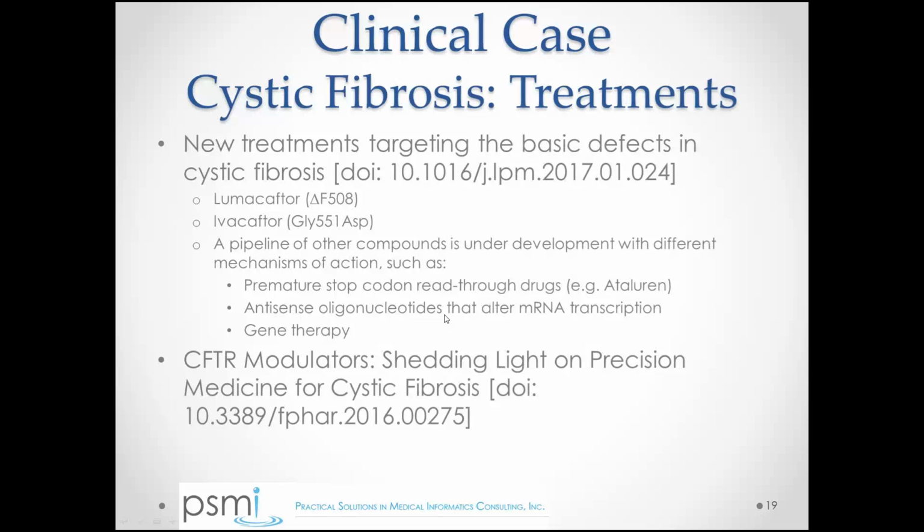So for instance, where there's a mutation in an intron that results in abnormal splicing, the antisense oligonucleotide can override that and lead to normal messenger RNA transcription. And then we have gene therapy, which is also something we'll come back to, which is introducing corrected genes into the cell.